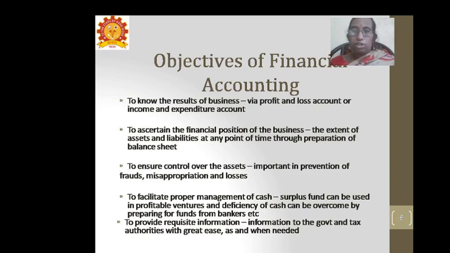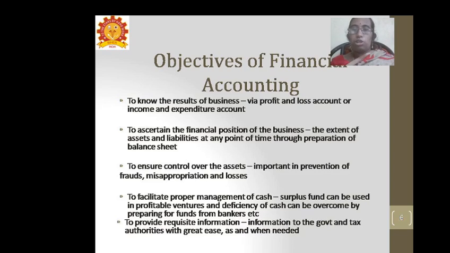Next, the second objective is to ascertain the financial position of the business, the extent to which all the assets and liabilities are prepared at any point of time, through a proper balance sheet.